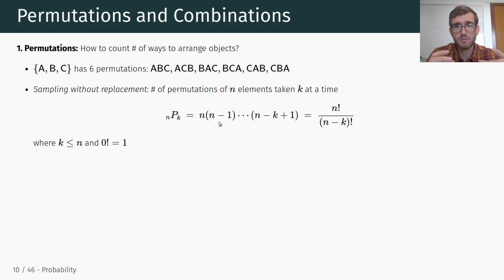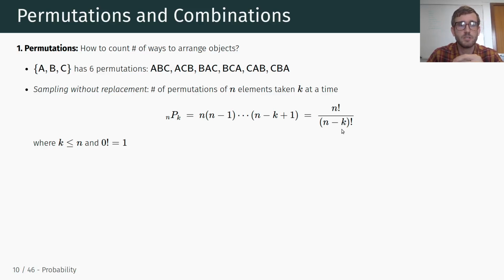If we want to count the number of possible permutations, that is denoted as n permute k, and that is equal to n factorial divided by n minus k factorial, where the factorial sign indicates that, for example, 5 factorial is equivalent to saying 5 times 4 times 3 times 2 times 1.